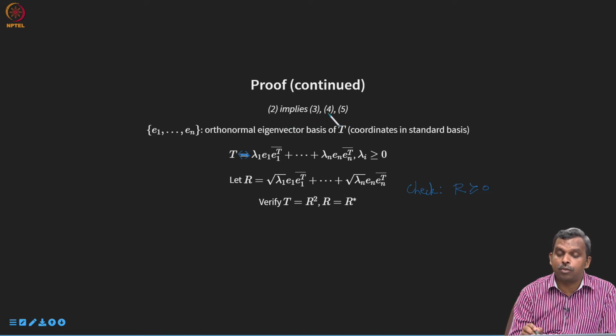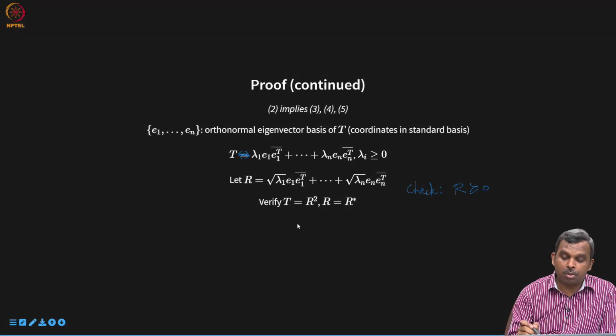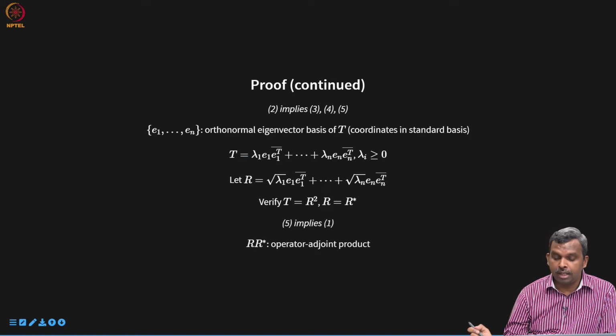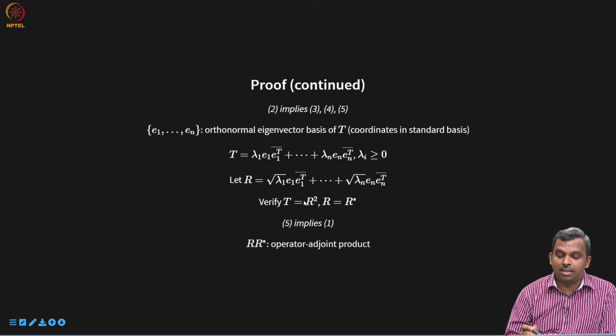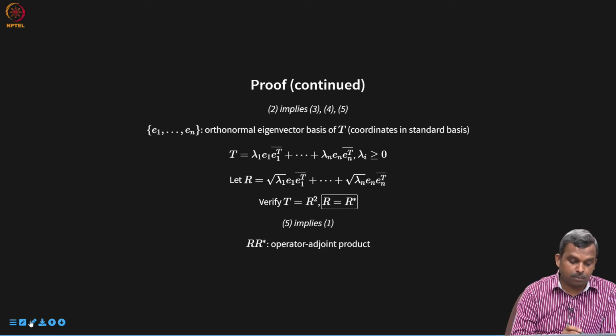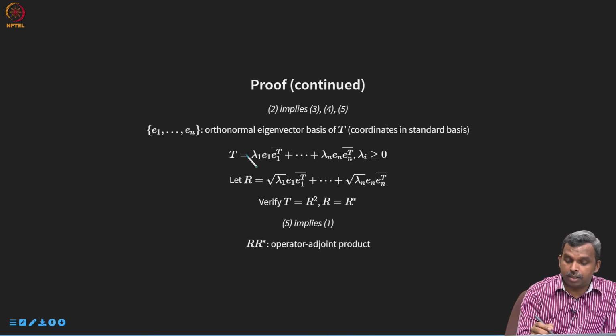So 2 implies 3, 4, 5 through this clever little device of going to the orthonormal basis and simply taking square root, positive square root. Okay, and the fact that 5 implies 1 is sort of obvious. R is R star, so T is equal to R squared is T is equal to R star. Okay, so maybe I should write down this also very clearly.